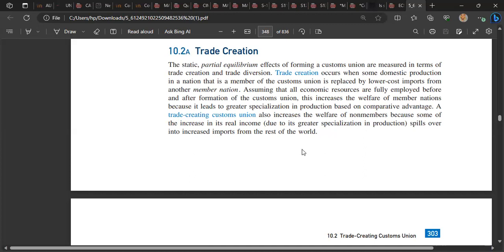So a trade creating customs union also increases the welfare of non-members, because some of the increase in real income due to its greater specialization in production spills over into increased imports from the rest of the world.